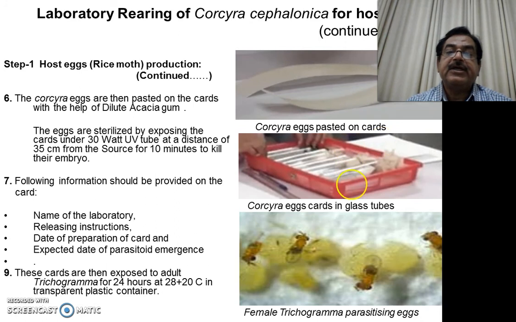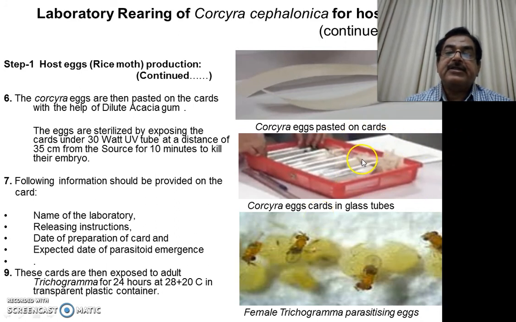As you can see here, the Trichogramma cards are placed inside these tubes, and then Trichogramma females are released inside these tubes. The female Trichogramma immediately start parasitizing the eggs of Corcyra.